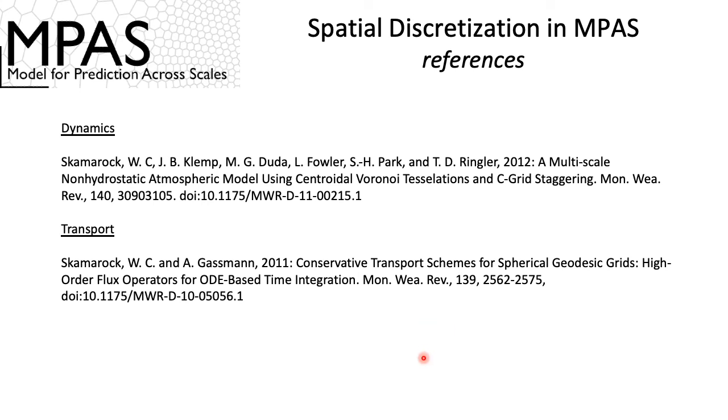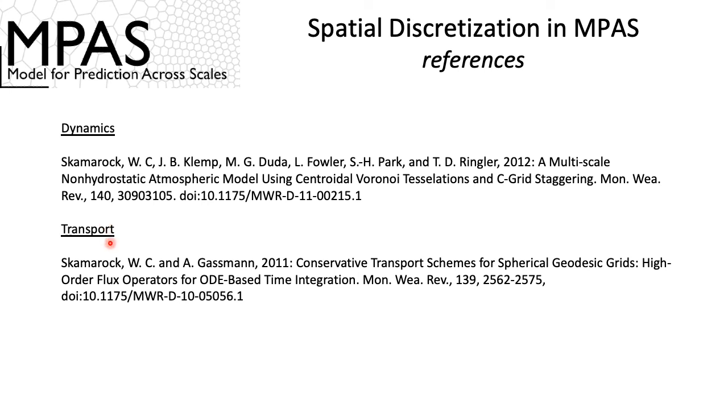The references that you may want to look at, the first one here is a reference to the MPAS-Atmosphere model, the non-hydrostatic model, and that will give you an overview of much of what you've seen here. It won't go into great detail into a significant part of the discretization.